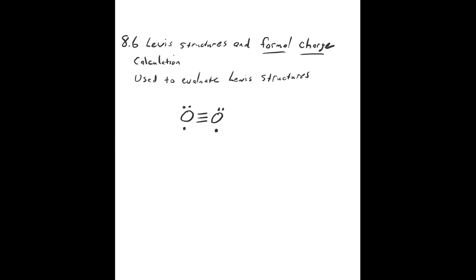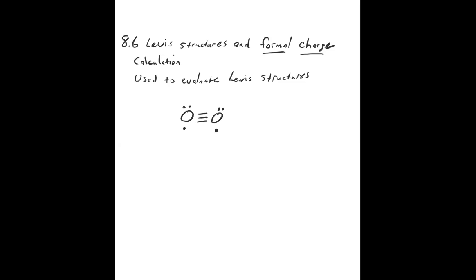And you already know that there's something wrong with this Lewis structure, right? It has the correct number of electrons. O2 has 12 valence electrons, and this one has 12. But there's another problem, and the problem is the octet rule. Each oxygen has 3 bonds, so that's 6 electrons, and a lone pair, so that's 8 electrons. But each atom also has 1 extra electron.